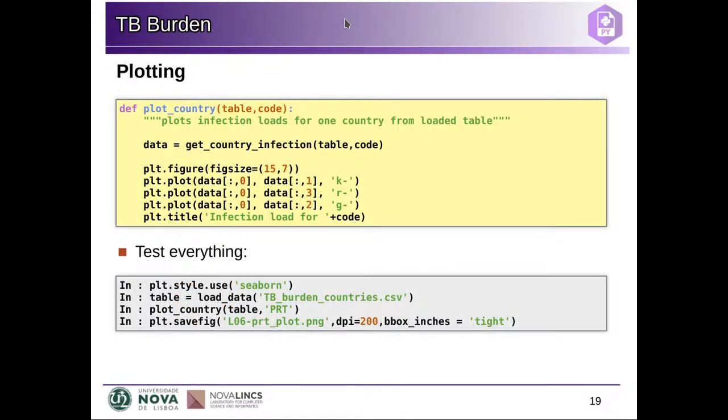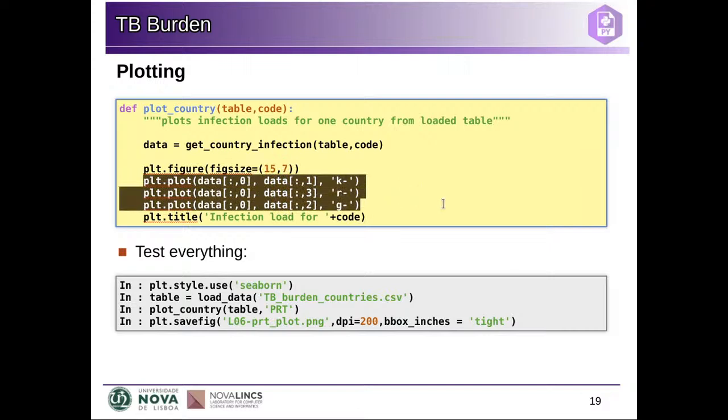So now we want to plot a country. We have the table and the code, and we get the data for that particular country. We create an image and we plot the data like we saw before. So with the example we saw before, we already had everything in the matrix. Now we're just doing the previous steps to get the data for a country in the matrix.